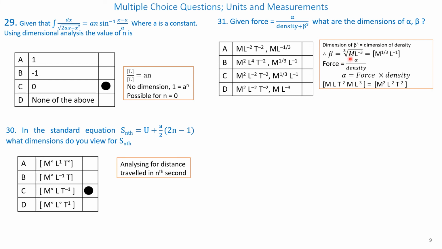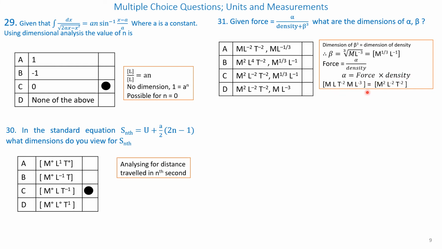Cube root of density, we know is m into L to the power of minus 3. Removing the cube root sign, we get m to the power of 1 by 3 into L to the power of minus 3 by 3, that is L to the power of minus 1. Therefore, force is equal to alpha over density, or alpha is equal to force into density. Force is m into L into t to the power of minus 2.